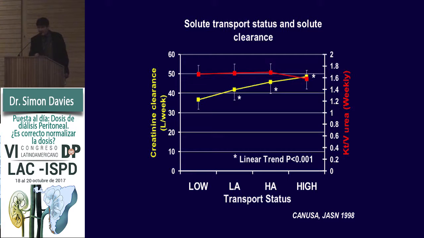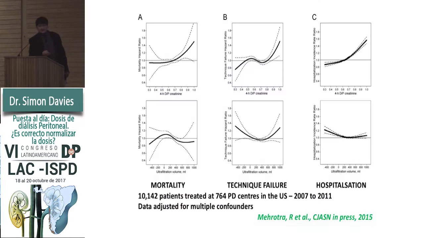And that's all fine and good, except for the problem that we also know in PD, which is that high solute transport is associated with worse outcomes, not better outcomes. So if we said you have to get a high creatinine clearance, and the only way you could do that is with being a high transport patient, the problem then is that we forget that high transport patients have worse outcomes.